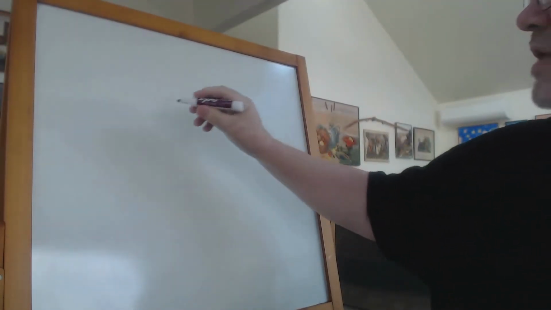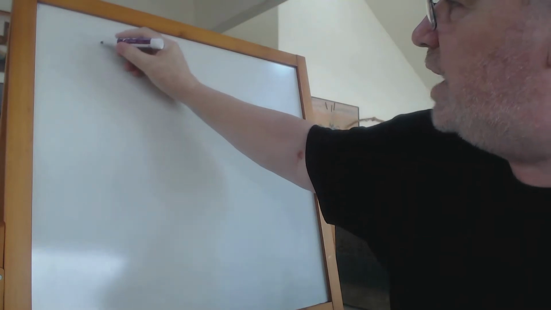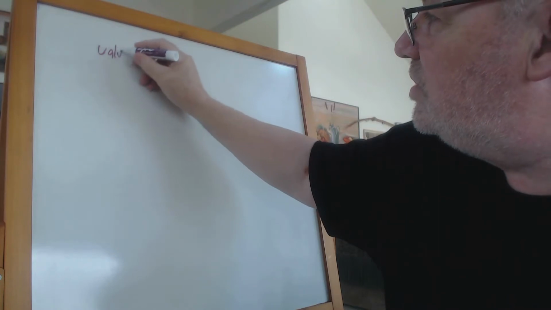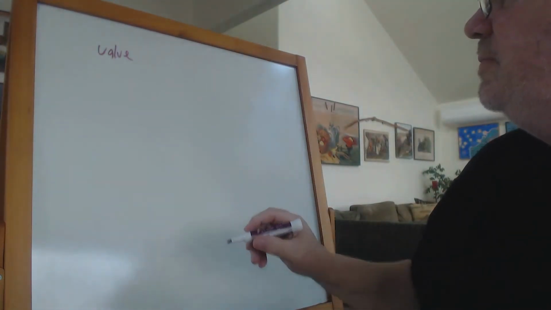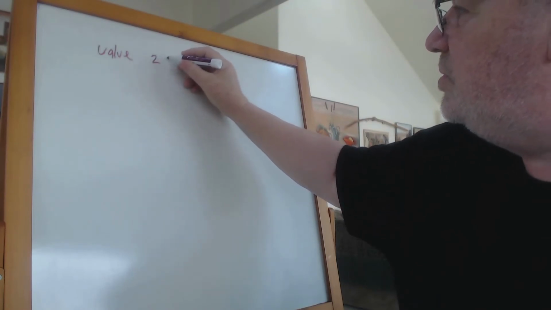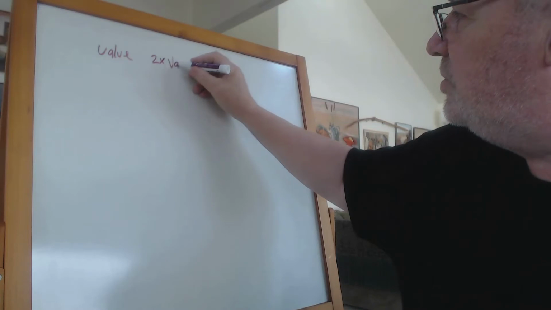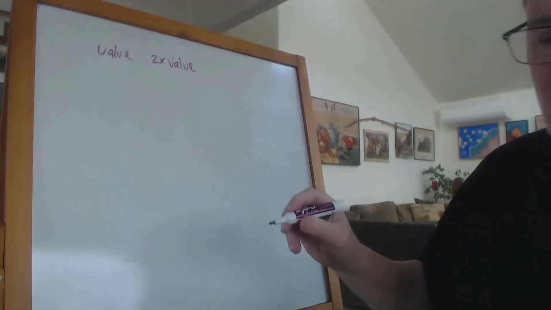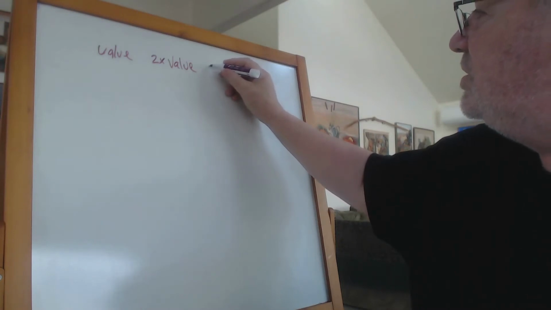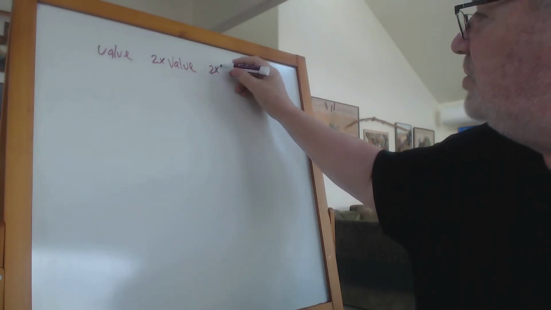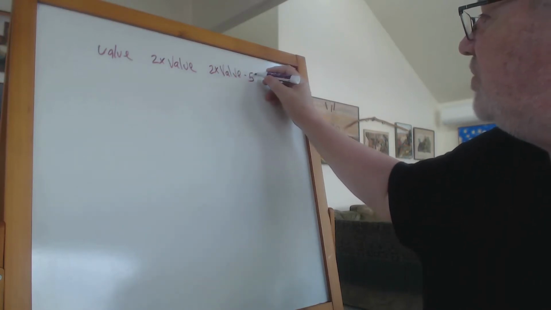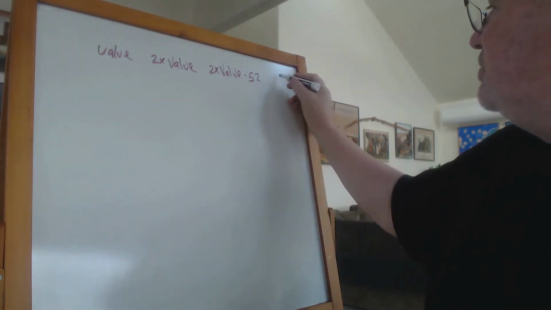We don't know what this value is, so we can create a table, and we say the value, and then 2 times that value has 52 subtracted from it, and the result is 72.